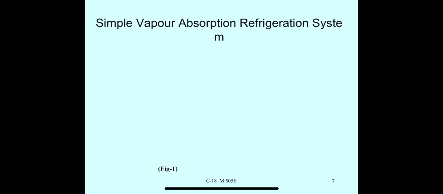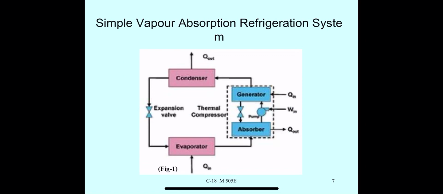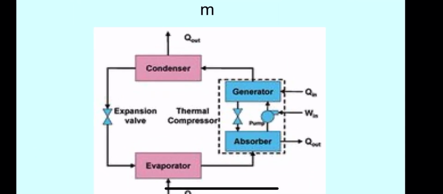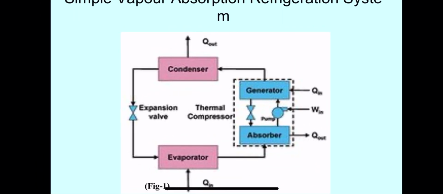See the simple vapor absorption refrigeration system. Compared with the vapor compression diagram, instead of the compressor we consider the absorber and generator with the help of a pump.